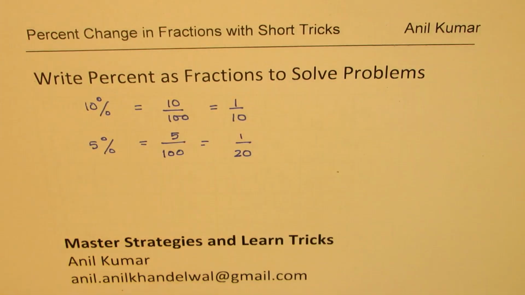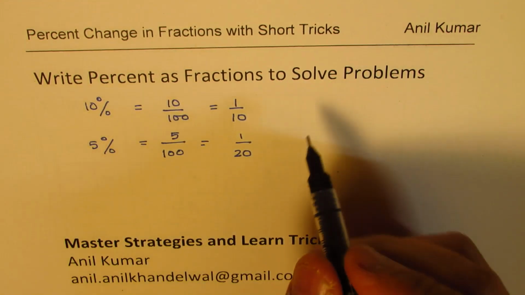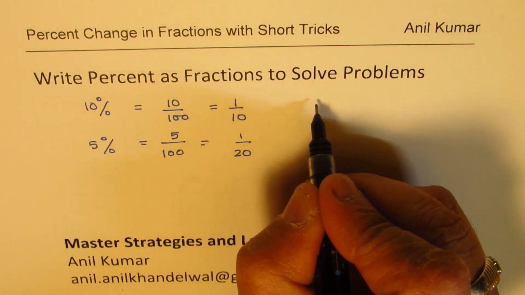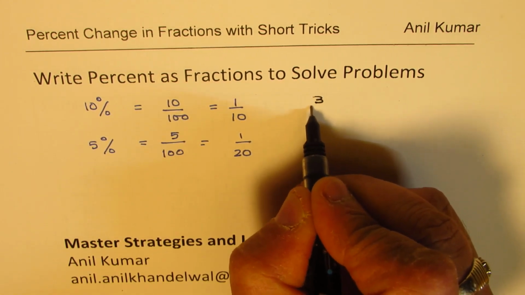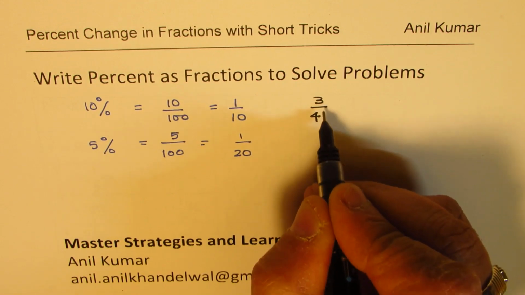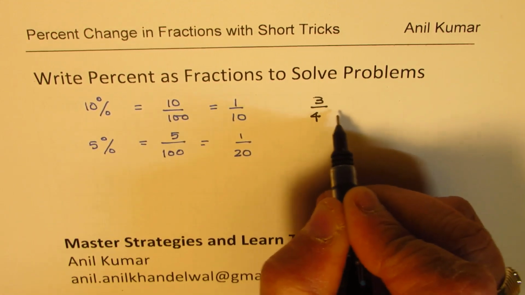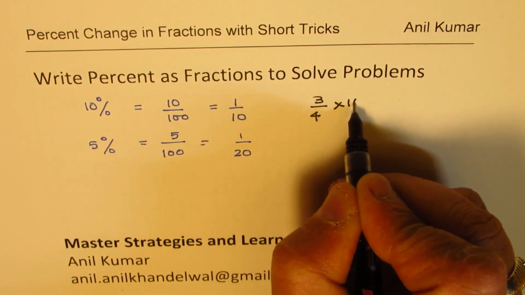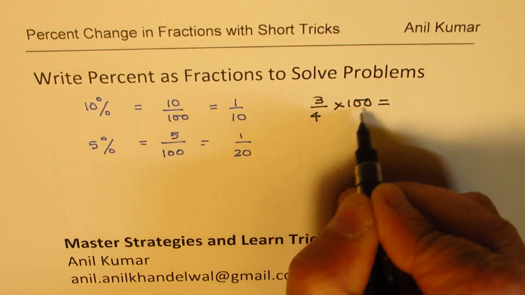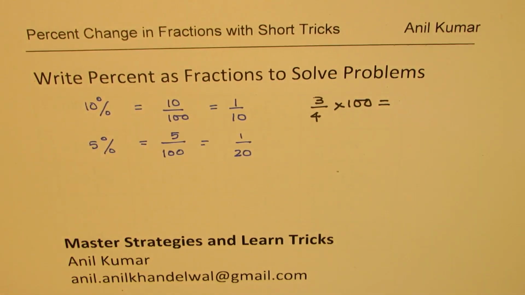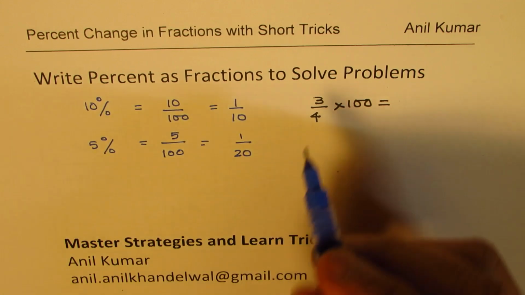Well, you can also do the reverse, that is converting fractions to percent. So if I say it is 3 over 4 and I need to convert this fraction to percent, I only have to multiply by 100. If I multiply by 100, I get the number equivalent in percent.